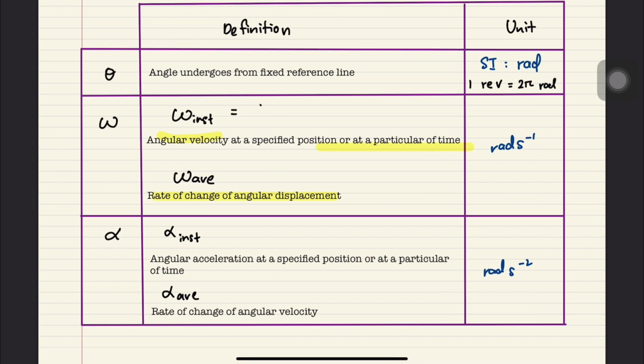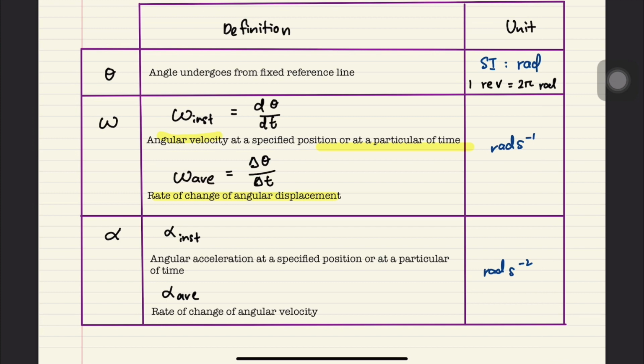For instantaneous, this becomes ds over dt. Sorry, if linear it is ds over dt, but this one is angular, so it becomes d theta over dt. And then omega average is basically the total change in theta divided by the total change in time. So you need final theta minus initial theta divided by total time.